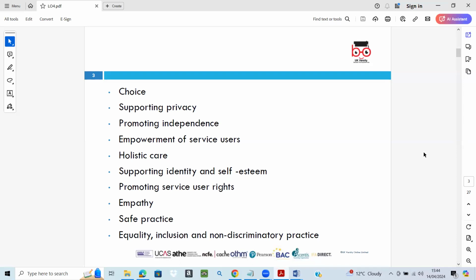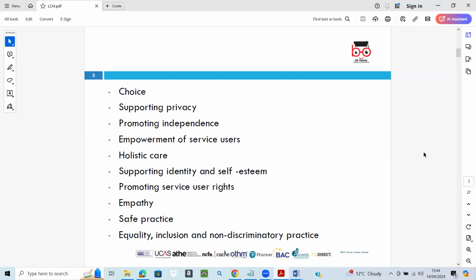Promoting service user rights is a fundamental principle, and in that, service user rights include privacy, safety, and the right to be informed about and decide upon their care. Upholding these rights is essential for ethical care.